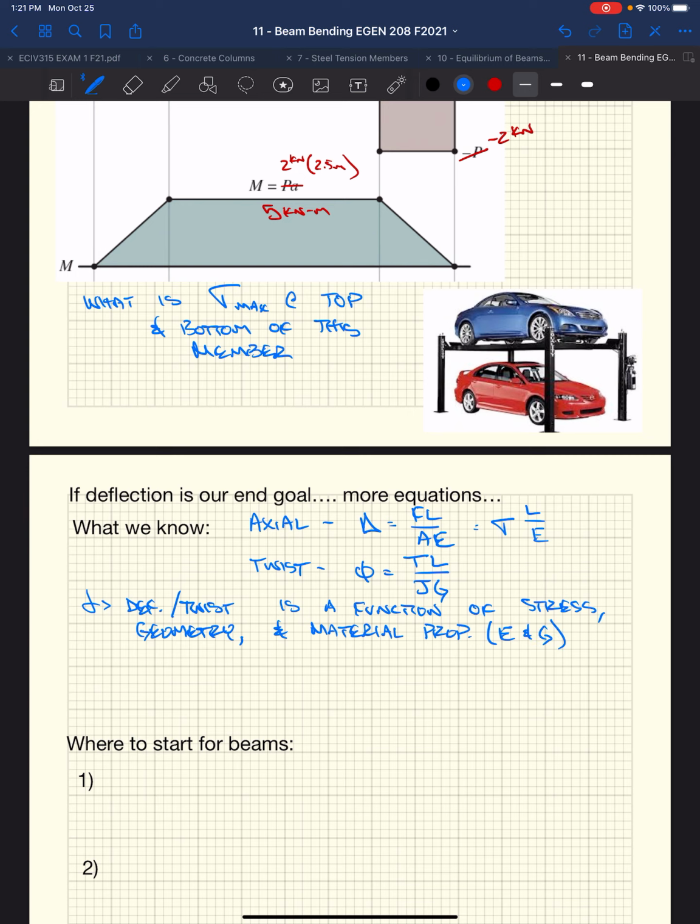The modulus of elasticity or the shear modulus. Well, our beams follow the same principle. But unfortunately, they have more complicated internal forces.